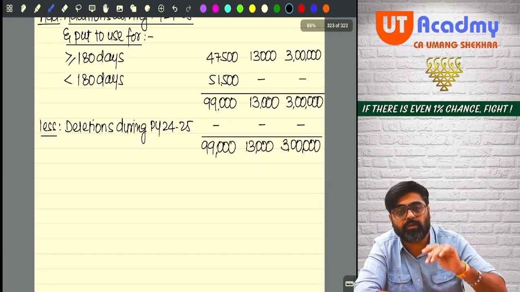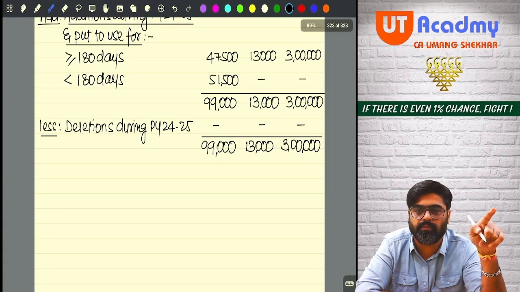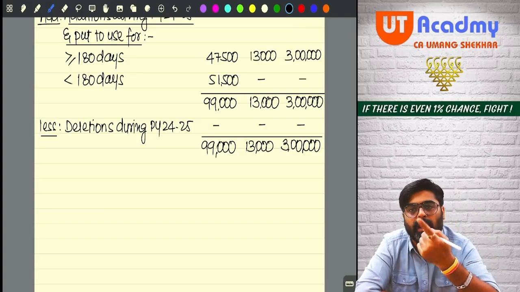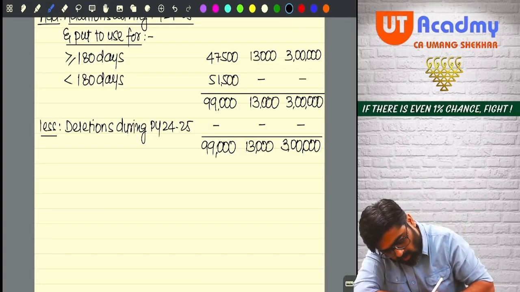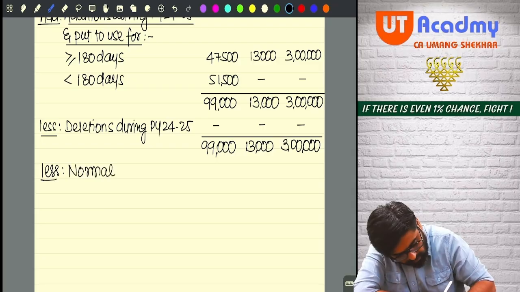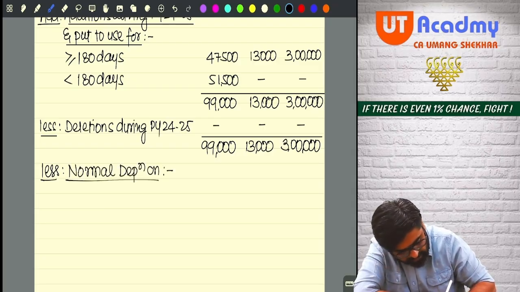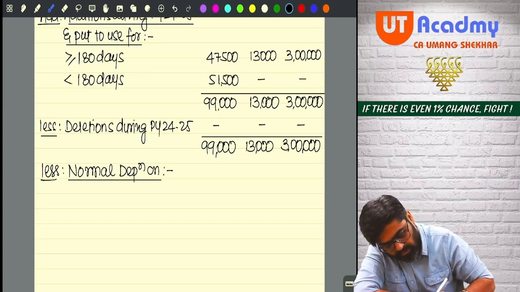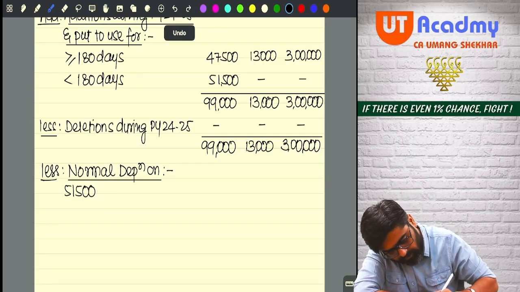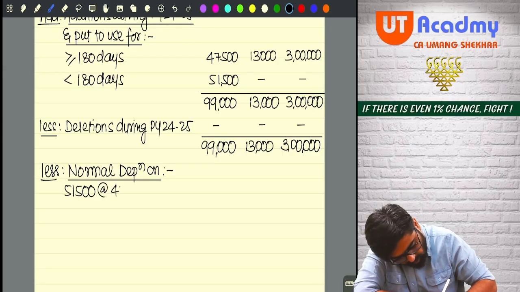Now this is the value at the end of the year of all those assets which are there in the block. On this value only I will now calculate the depreciation. Now I will calculate only normal depreciation. On the entire 99,000 I cannot calculate. On 51,500 I will calculate at half of 40%.